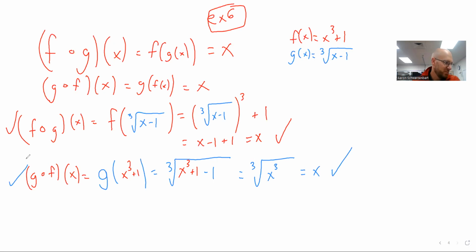We'll do another example of finding an inverse function, and a little bit of domain restriction so the inverse is actually correct. So here, f of x equals the square root of x plus 3.